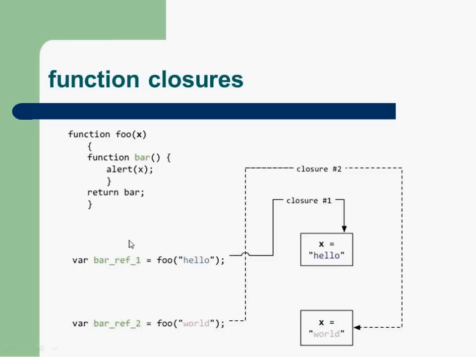What I haven't added in the slide is that you have to call this function, bar_ref_1, because bar_ref_1 points to a function; it won't alert unless you call it. So bar_ref_1 is a pointer to this bar function with a value of x as hello. You just need to call bar_ref_1, and then it will alert hello.